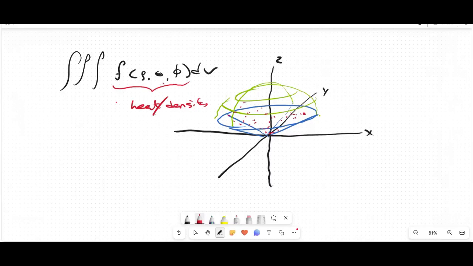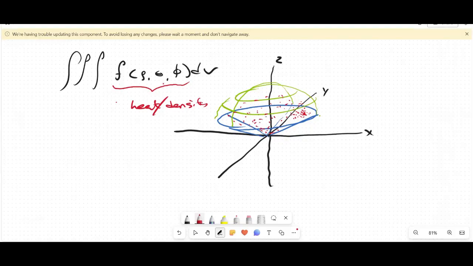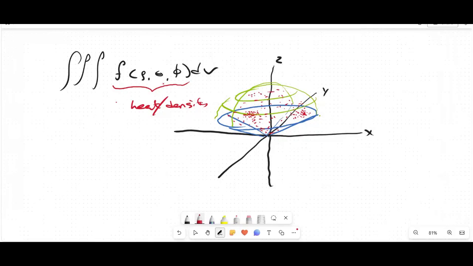And eventually, for representation's sake, make the dots denser in some places and less dense in others to indicate that maybe it's hotter in some parts or heavier, more dense, just for the sake of visualization.